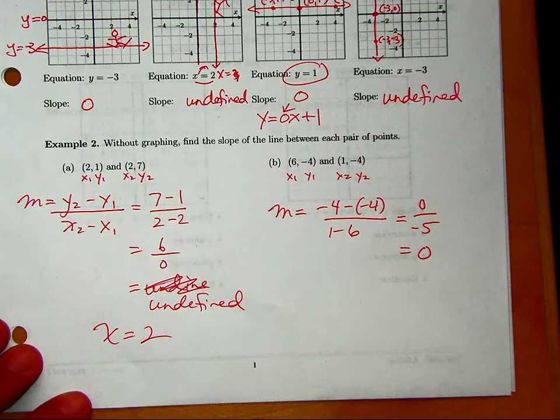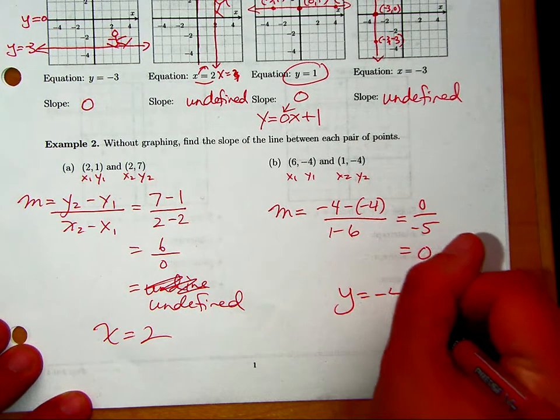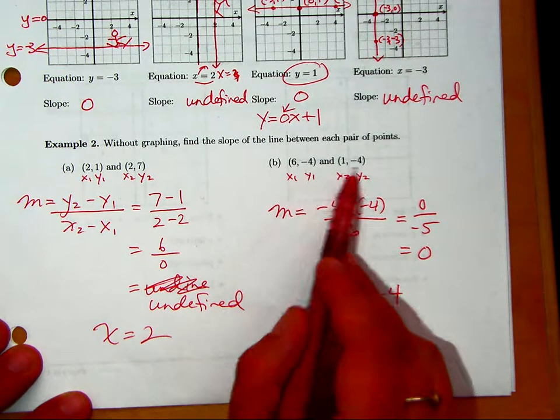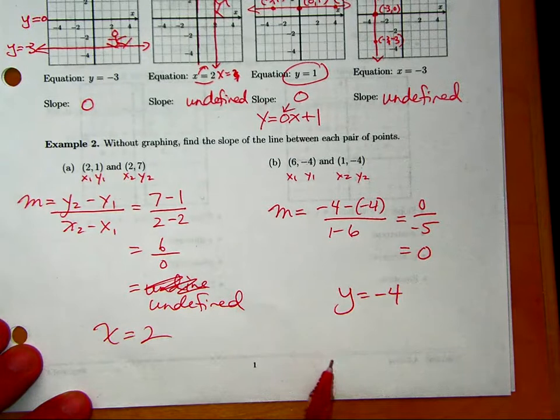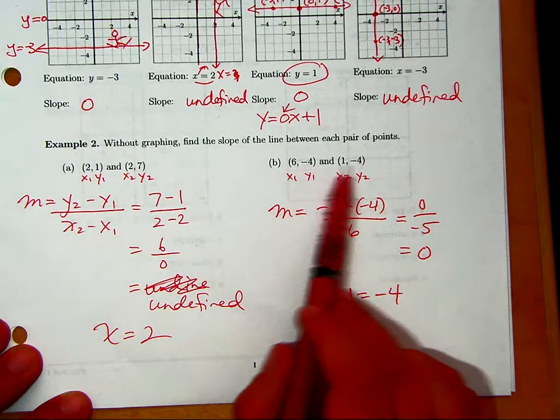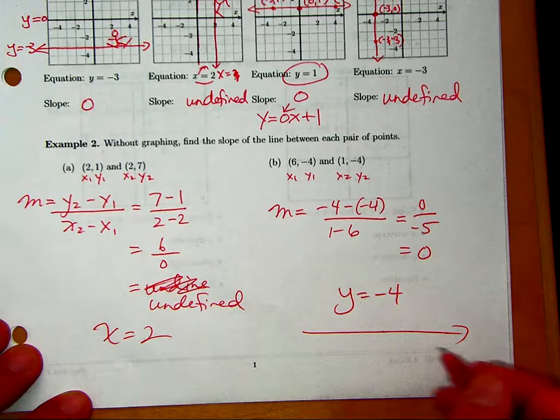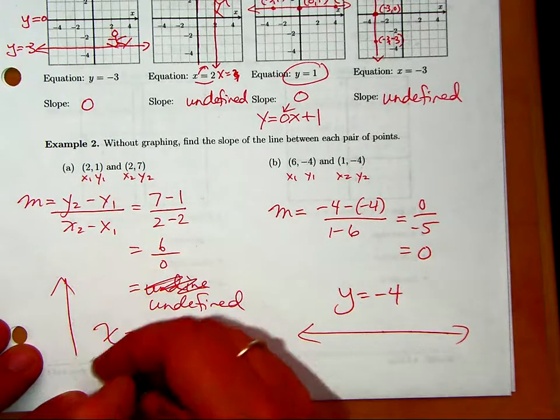Anybody can tell just by looking at those two ordered pairs what's the equation of the line? How'd you come up with that? Yes, y equals -4, because the y is -4. That's going to look like this, a horizontal line, versus a vertical line.